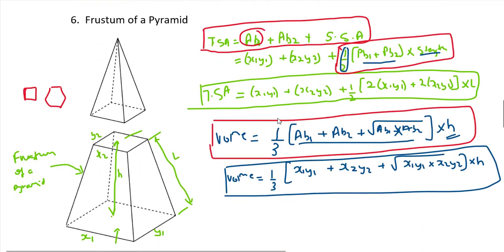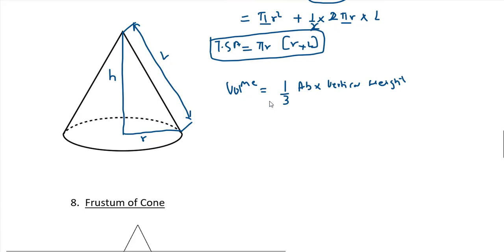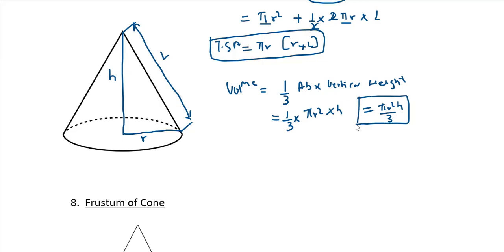In the case of a frustum also, 1/3 of area into vertical height. In the case of a cone also, it will be 1/3 of area of base into vertical height h. For a cone, the area of base is pi r square and the vertical height is h, which we can write as pi r square h upon 3. So this will be the volume of a cone.